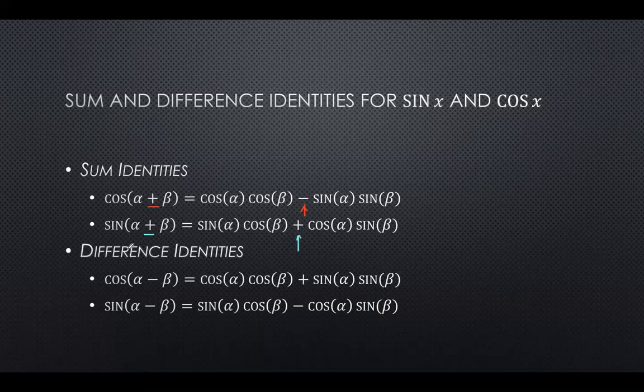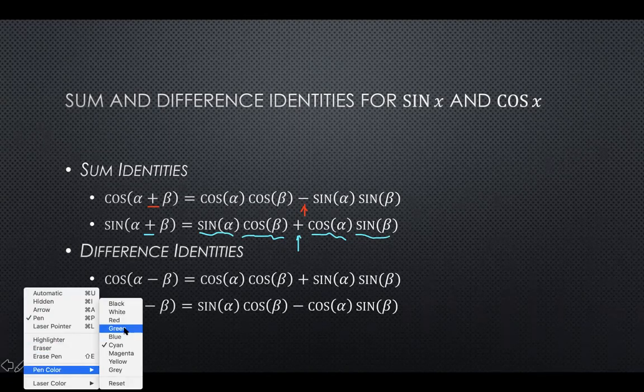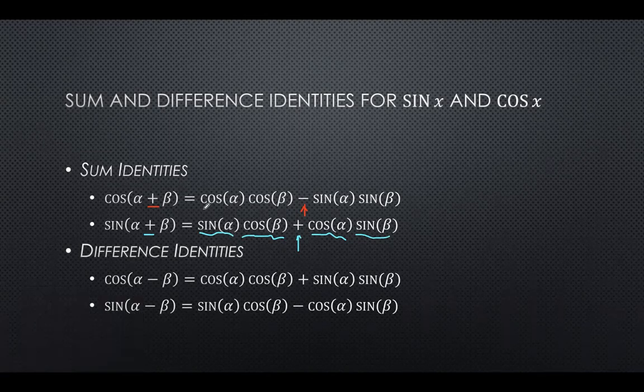Sine is mixed up: you have sine alpha cosine beta and cosine alpha sine beta. But for cosine, cosine stays with cosine and sine stays with sine. It's the same thing for the difference identities.